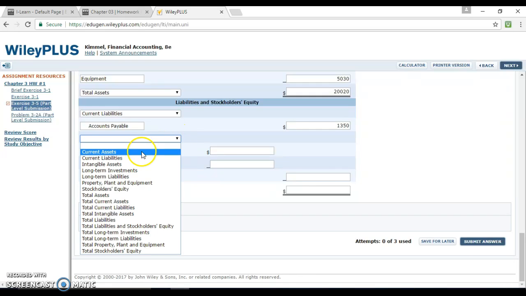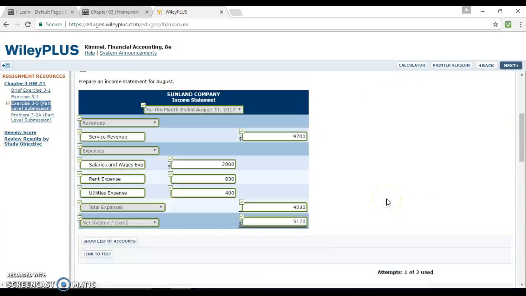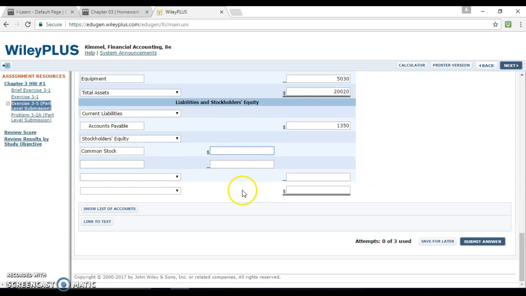So next we're going to go ahead and move on to our stockholders' equity. The first thing that we've got is common stock. So we come back up here, in common stock, we've got $16,000 here. There's no other transactions. And so we will put the $16,000 total in for your common stock.